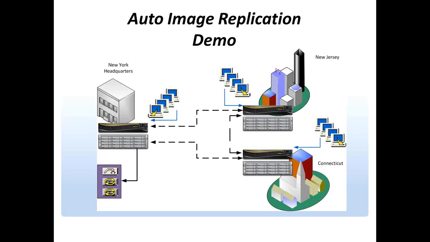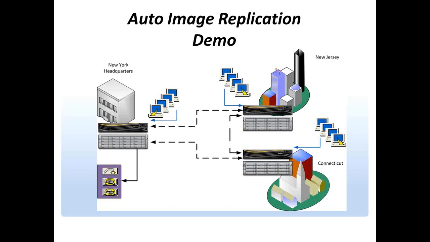Connecticut is replicating to New York and New Jersey, New York to New Jersey and Connecticut, and New Jersey to Connecticut and New York. So if any server happens to fail in any one of these sites, say you lost a server in New Jersey, you have the option to bring it up in Connecticut or New York, whichever is the best option for you.